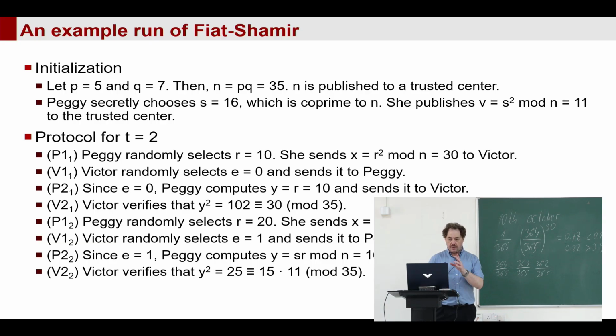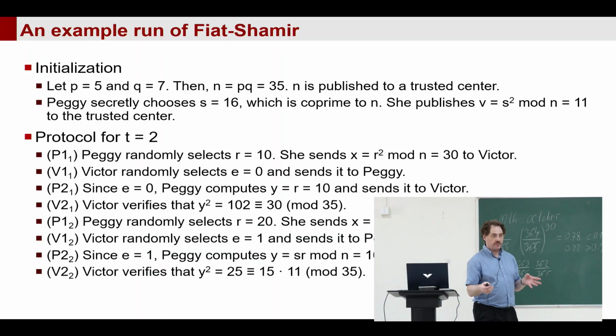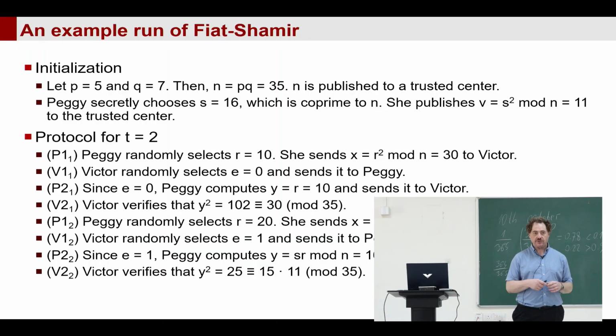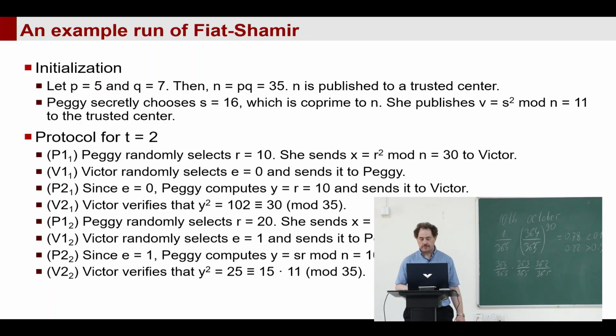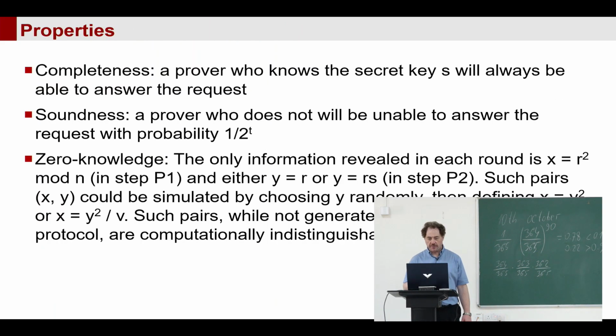I mean, it's a bit involved, but this is how most practical zero knowledge proofs actually work. They use this kind of math. So the properties. Completeness: a prover who knows the secret key will always be able to answer the request correctly.